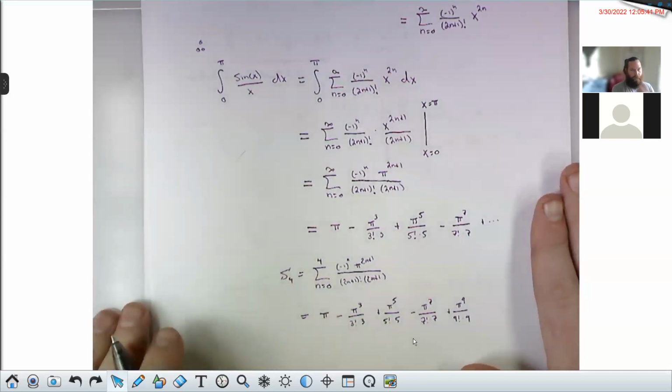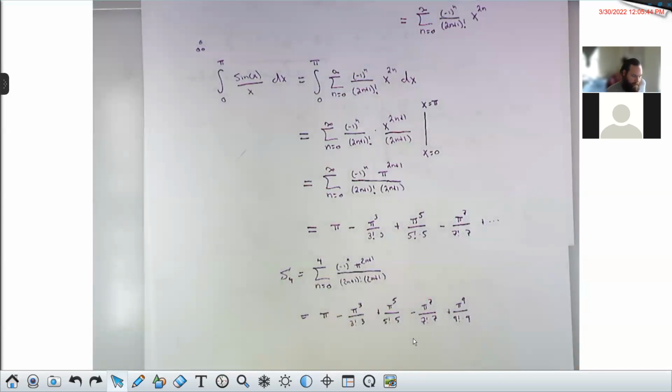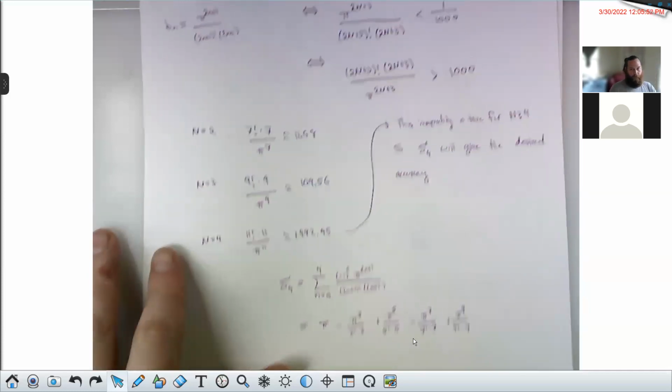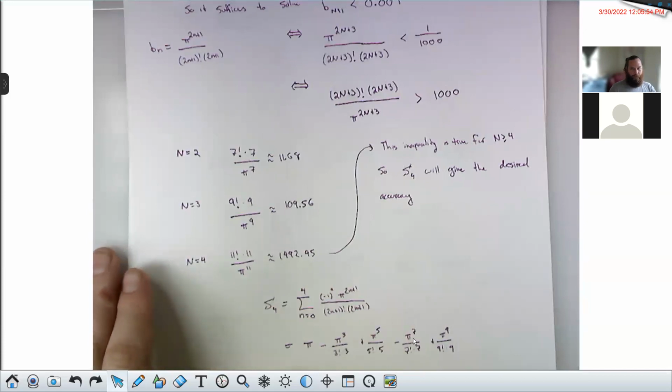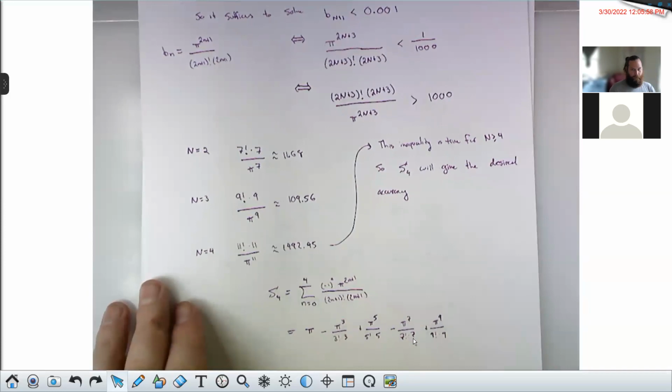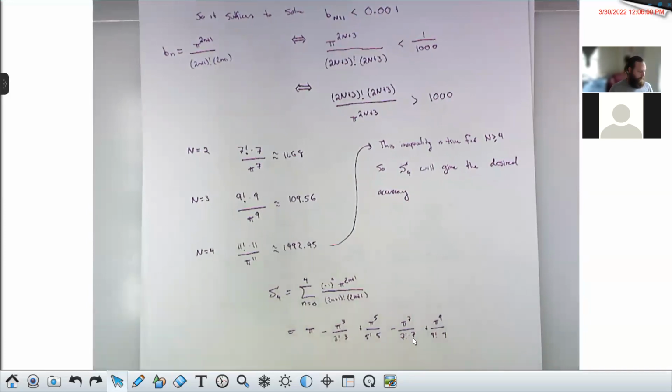Yeah, I can go back in just a second. Here we go. So there's all the approximation work. Questions on any of the steps here?